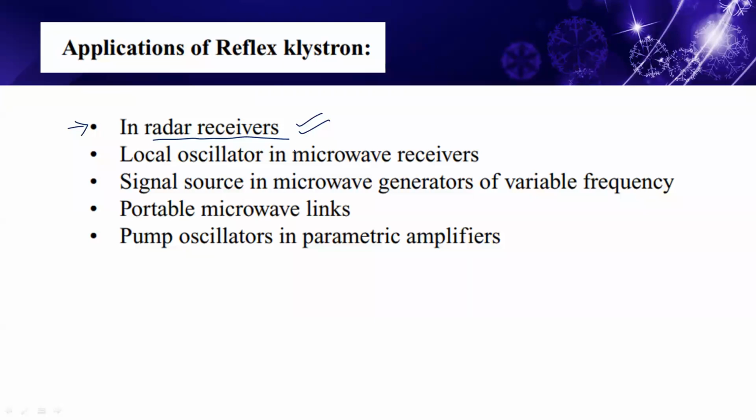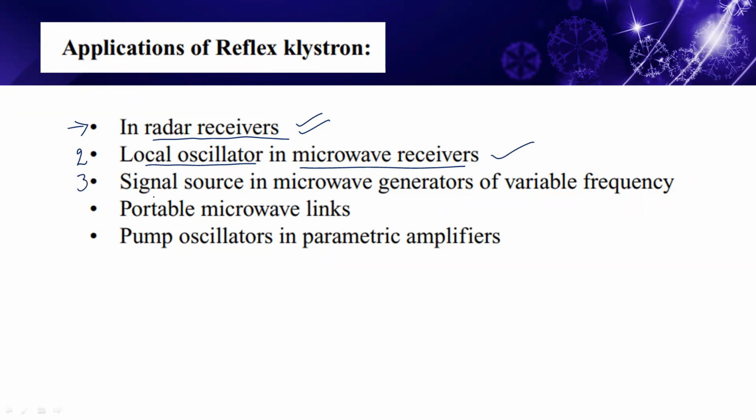Suppose, for example, in satellite communications, reflex klystrons, two cavity, traveling wave tube oscillators are used as embedded products in transponder design. Similarly, local oscillators in microwave receivers: to design and construct the oscillators in the microwave receiver components.